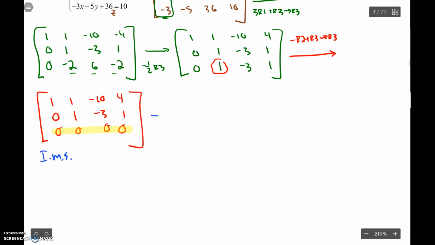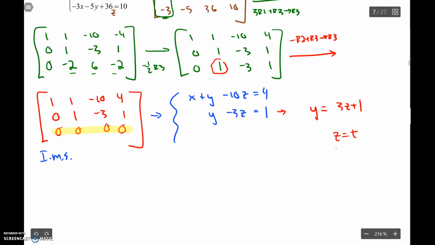So let's go back into our system. x plus y minus 10z equals 4. And y minus 3z equals 1. So I need to solve one equation for one variable. Let's start here. y is equal to 3z plus 1. So z is going to be equal to t, and y is going to be equal to 3t plus 1.